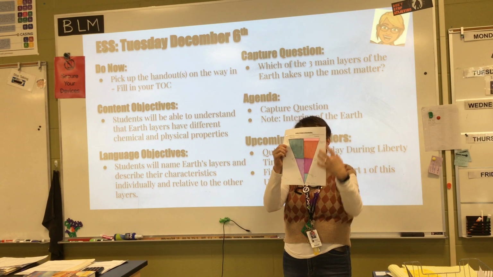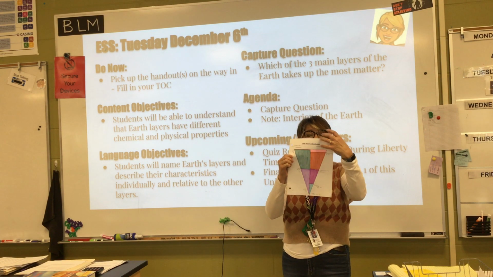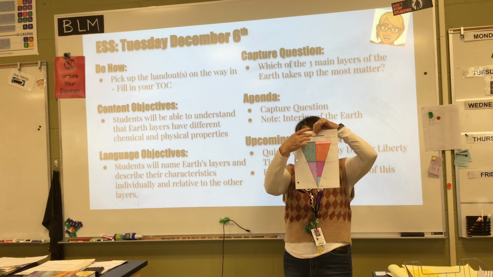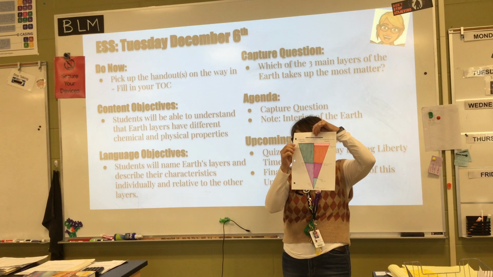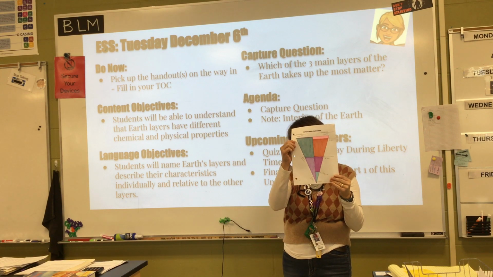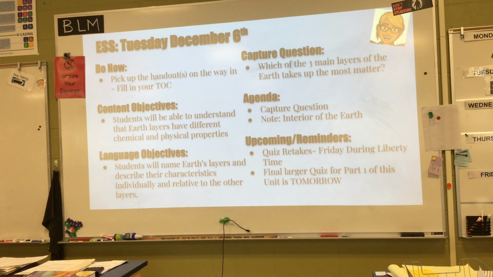Over on this side were the physical properties, how these layers interact with each other. So today we're going to go through these notes, and we're going to start with the chemical composition part of the earth, and then we're going to go to the physical properties section of the earth. So that's how our notes are going to be set up today. In order to do that, we are going to be looking at the note sheet that corresponds with your model.